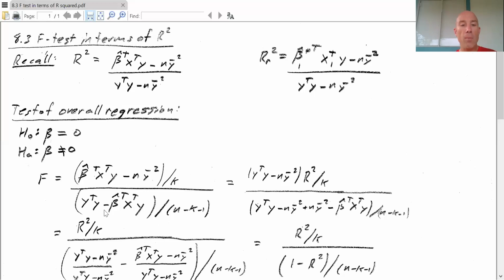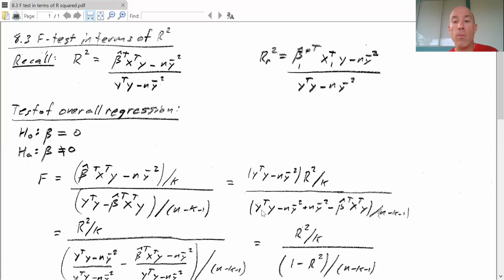Now down here, I look at this and I go, all right, well, this isn't too far off from this, right? So I'm going to add and subtract n times y bar squared. I'm going to put n y bar squared here twice, adding once, subtracting once. That way I'm adding 0, which changes nothing.